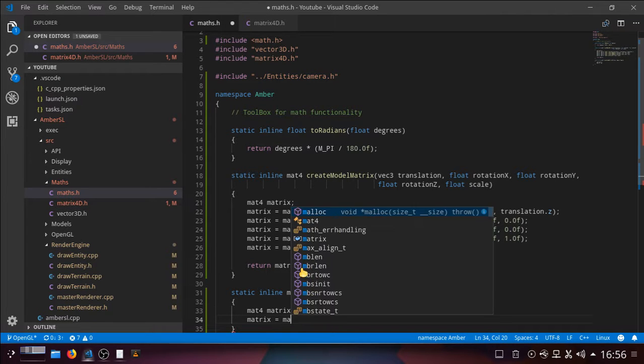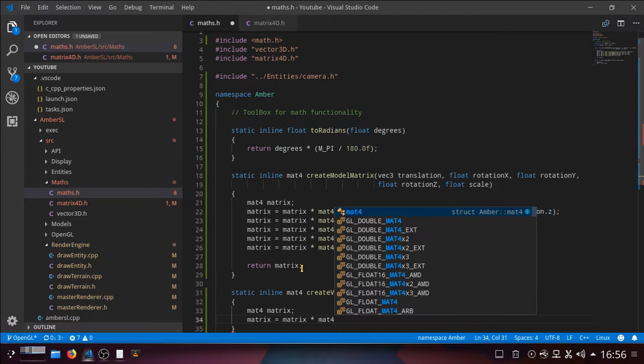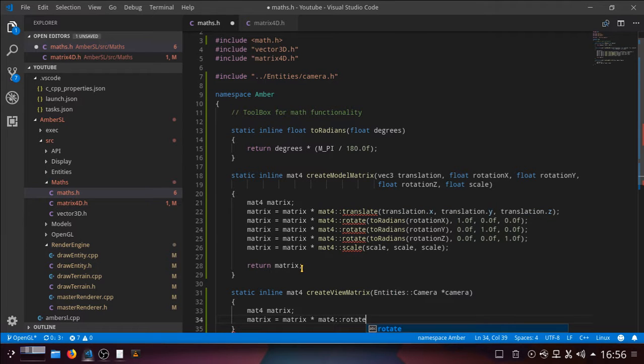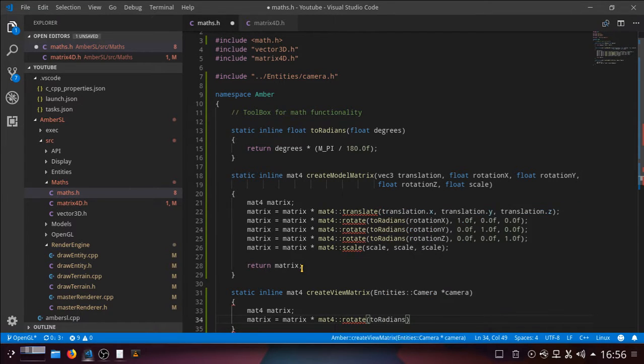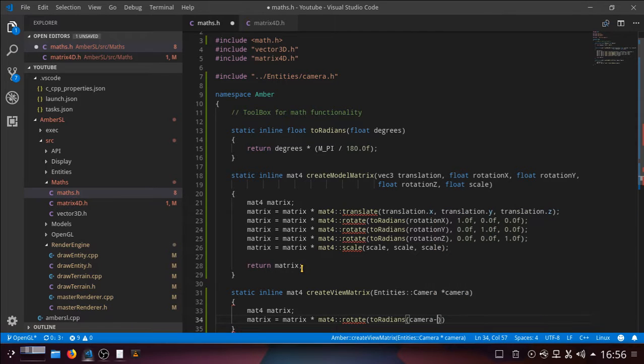So it's matrix times, and it's going to be mat4::rotate. I think we've already got that one. Yes, we have. Well, we will have. And it's in radians, because I kindly put that in. And it's just going to be your camera, and it's now a pointer, to get pitch, please.